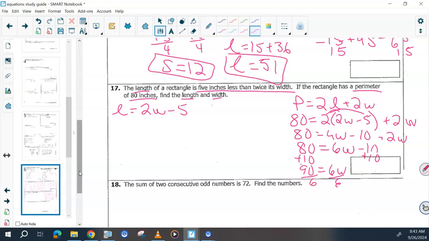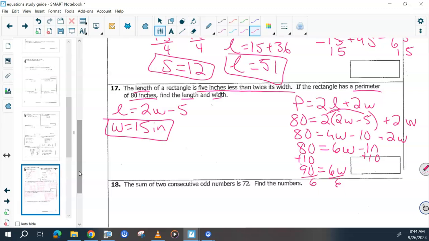What is W? 15 what? Inches. So we didn't have a label in that one because they were just talking about numbers in general, but this one, because it's talking about length and width in inches, we have to label them as such. Then we have to go back and find our length by doing the same thing.